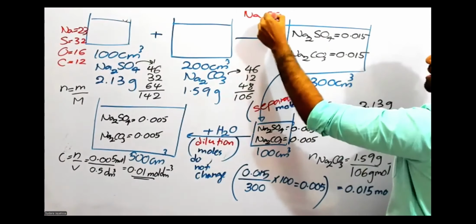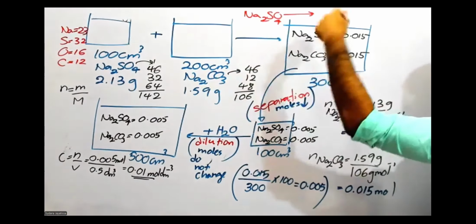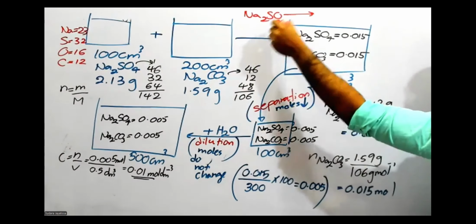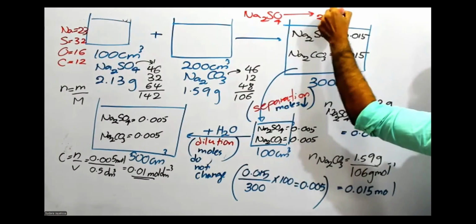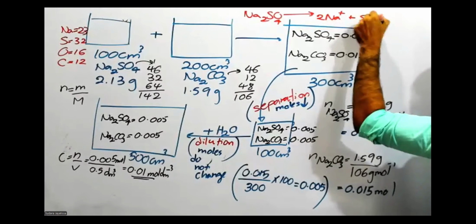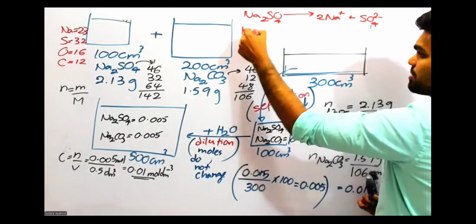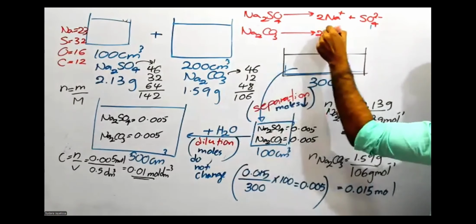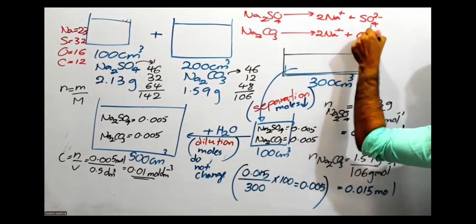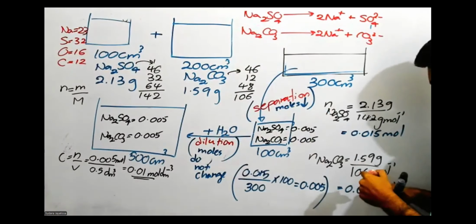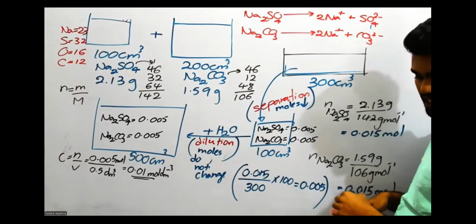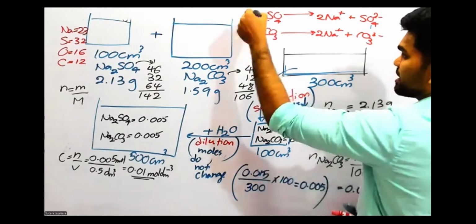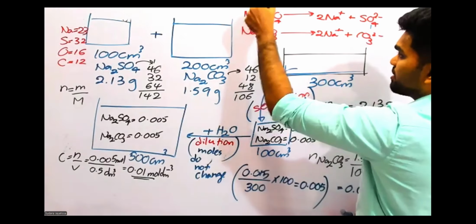Sodium sulfate is dissolved to give you 2 sodium plus and 1 sulfate. And then you have sodium carbonate. That sodium carbonate is dissolved to give you 2 sodium and 1 carbonate. So let's say now our concentration in the final solution of each is 0.01.